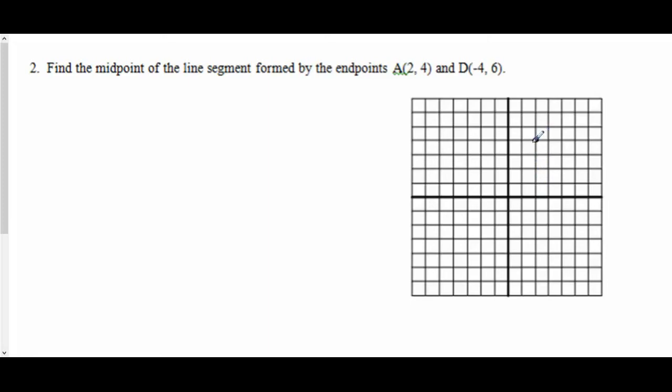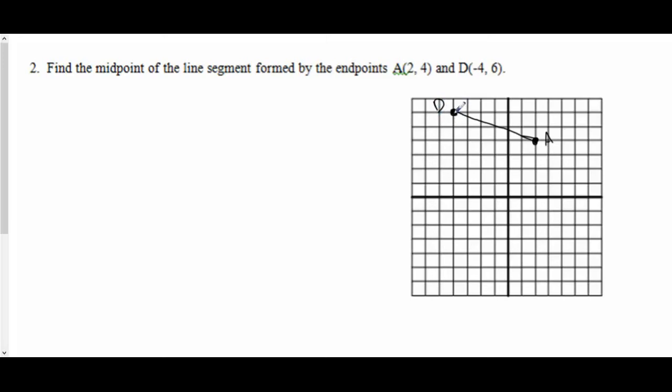So here is point A, and point B is at (-4, 6), so up here. I'm trying to find the point halfway between those 2 points. Somewhere over here, I think we might be able to make an approximation, but let's not do that. Let's see if we can be as exact as we can.